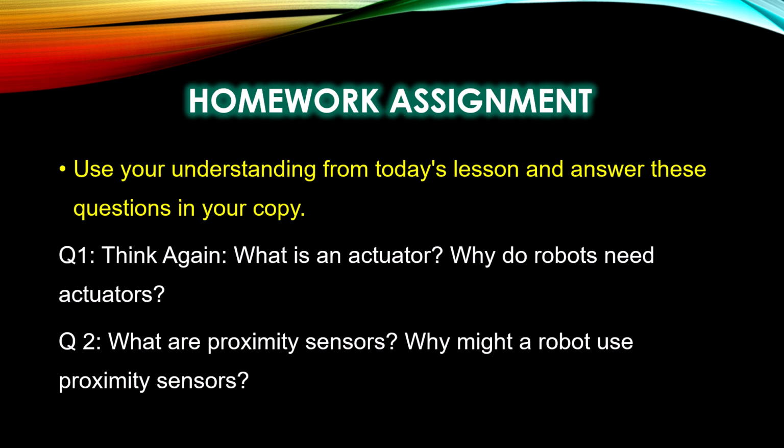Use your understanding from today's lesson and answer these questions in your copy. Question number 1. What is an actuator? Why do robots need actuators? Question number 2. What are proximity sensors? Why might a robot use proximity sensors?